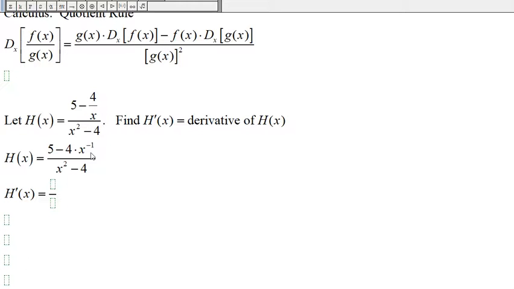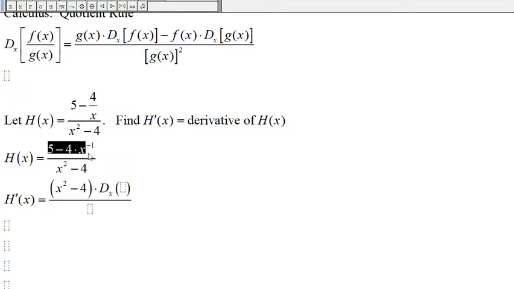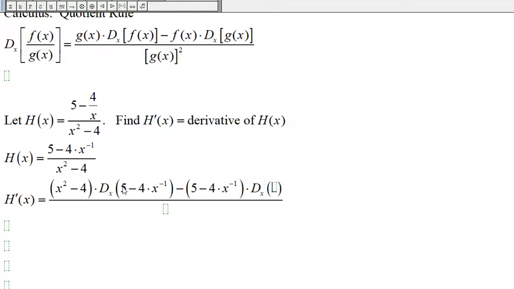And so the top here is f of x, and then the bottom here is g of x. And so it's going to be g of x, and then times the derivative of the f of x. And then minus the f of x, and times the derivative of g of x, which is the x squared minus 4.